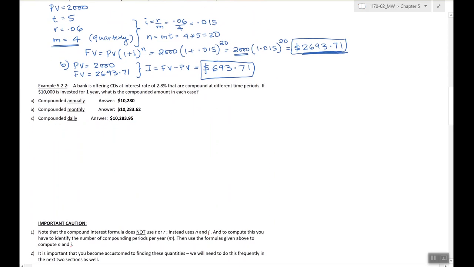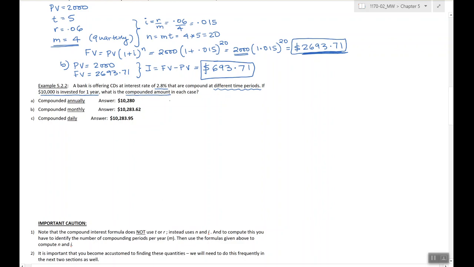Okay, let's look at the next question. A bank is offering CDs at the interest rate of 2.8%, which are compounded at different time periods. So if $10,000 are invested for 1 year, what is the future value, which is also the compounded amount, in each case?